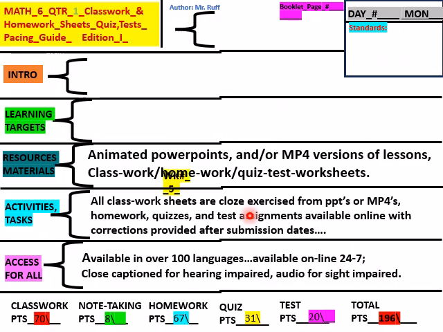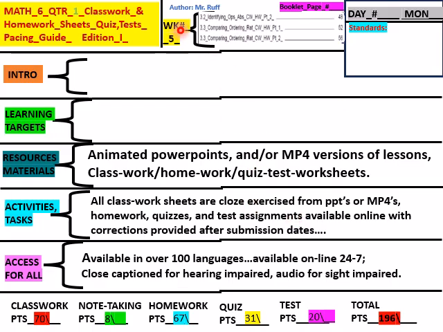Let's go right into our page 1 here, week 5, and we start out here. Week 5 is 3.2, identifying opposites and absolute values, classwork homework part 2, and then 3.3, comparing and ordering rational numbers, classwork homework part 1, and then 3.3 part 2 would be comparing and ordering rational numbers part 2.